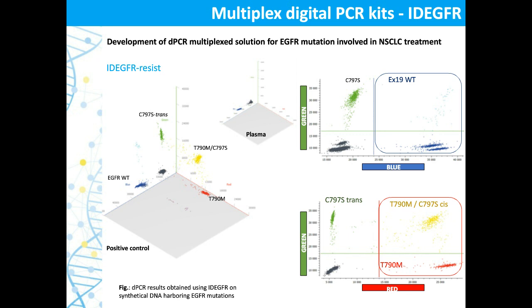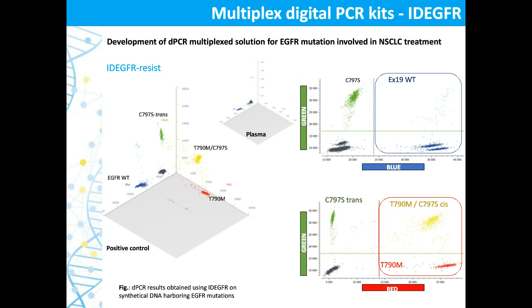In green, the C797S, which is in trans compared to the T790M. The T790M population is red, and the T790M with the C797S mutation in cis in yellow. At the same time, you have a plasma which is wild type, so you only have the EGFR wild type in blue. And on the 2D dot plot, you can see that it's quite easy to analyze.